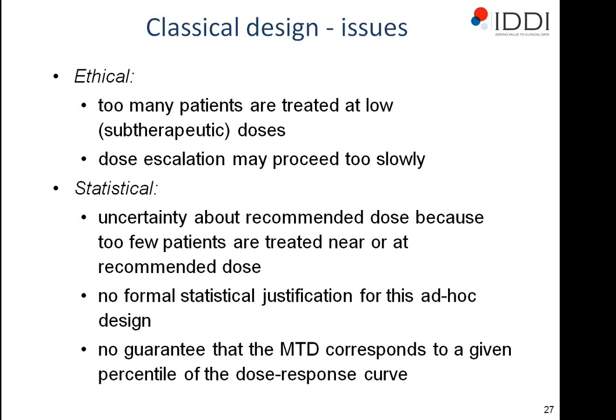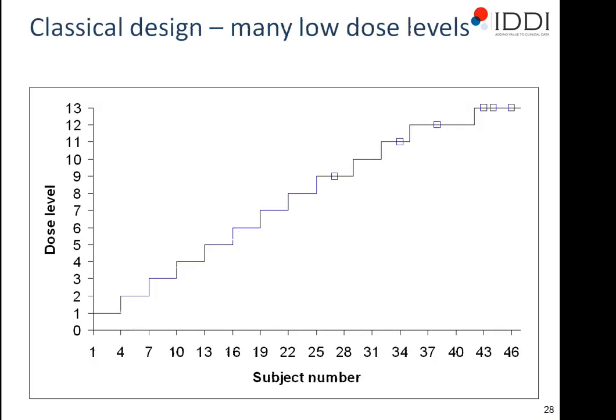And also, there's no guarantee that the MTD corresponds to a given percentile of the dose-response curve because there's no underlying dose-response relationship for this design. So essentially, we cannot really say whether the dose which we selected corresponds to a particular percentile.